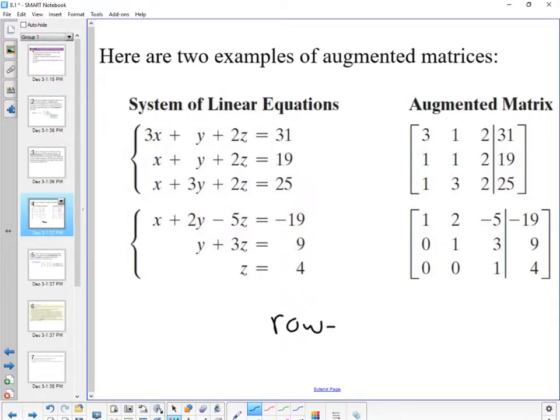You want that diagonal of 1s, and everything under that has to be a 0. Anything above, we don't really care too much. And I'll show you why that's important.